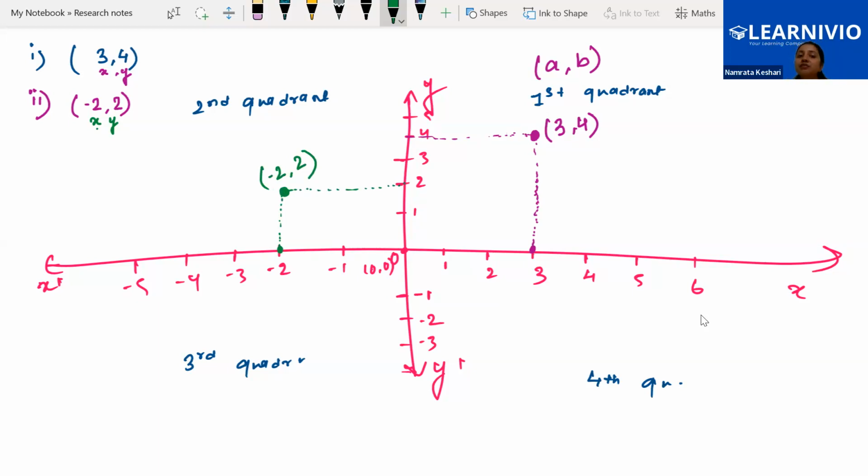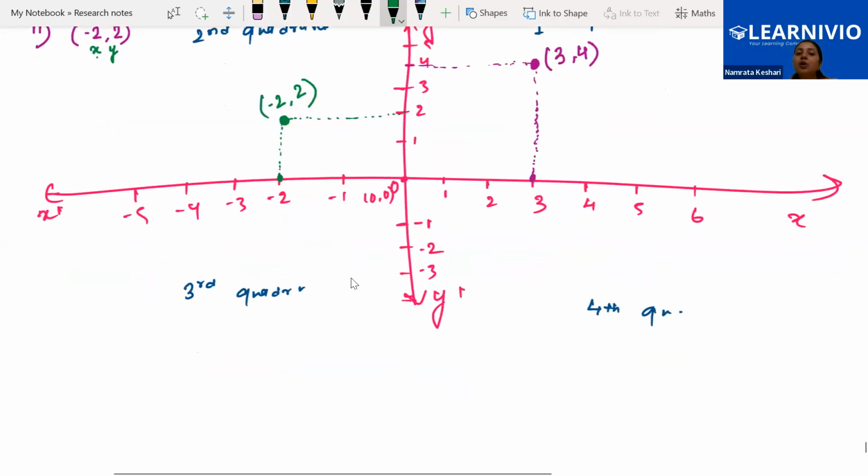Yes, ma'am. From here, we are going to make one more conclusion that when x is negative and y is a positive number, then the point will always lie in the second quadrant. Getting it? Similarly, what about the third quadrant?